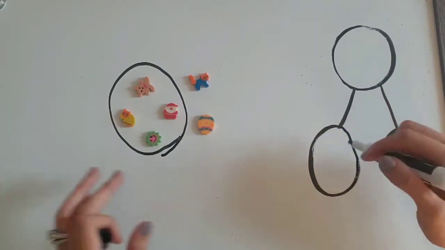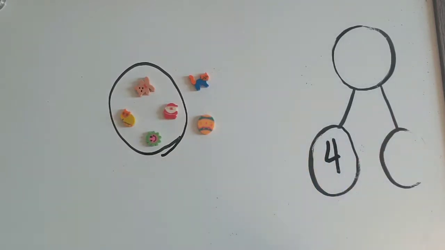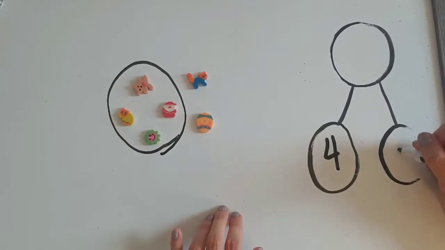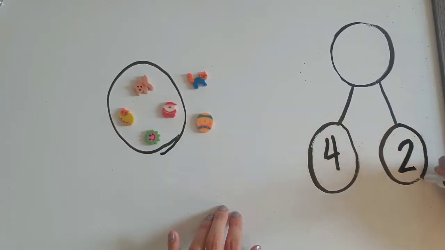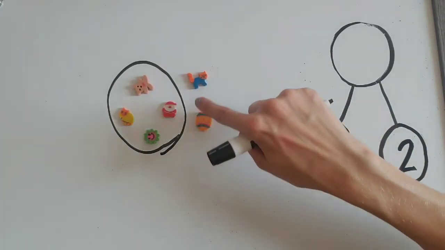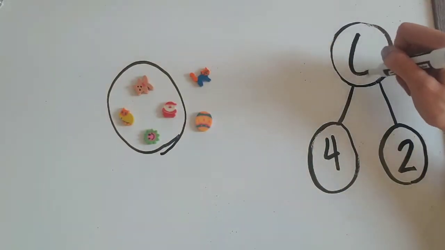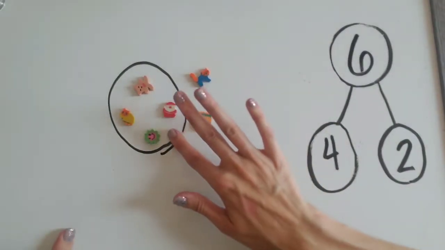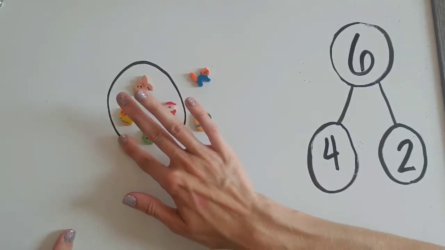Now I'm going to put my 4 in my number bond. And then I have 1, 2. So I'll put the 2 here. I have 4, 5, 6. Good. Now, don't move your counters, but I want you to erase your circle.